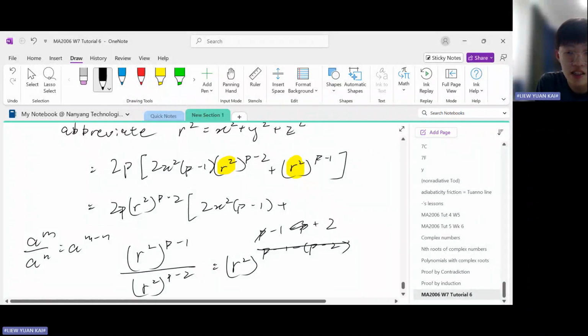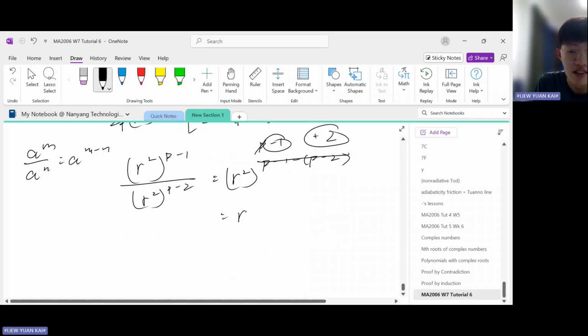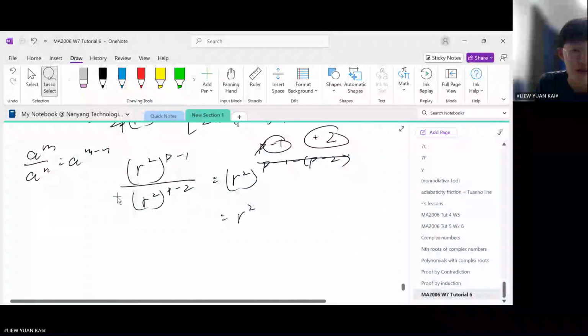So p and p cancel, leaving behind 2 minus 1, which is just 1. So what you're left with is just r squared. That's how you factorize that out.